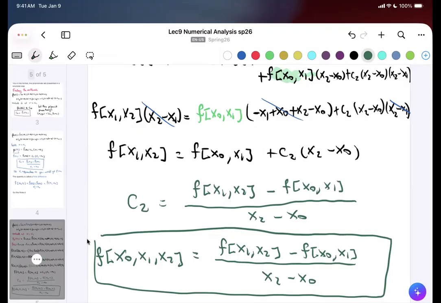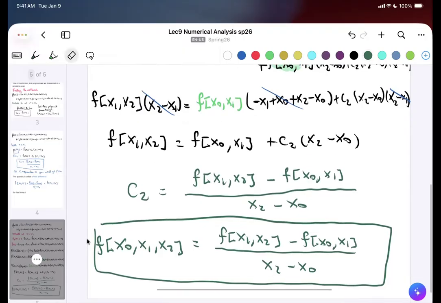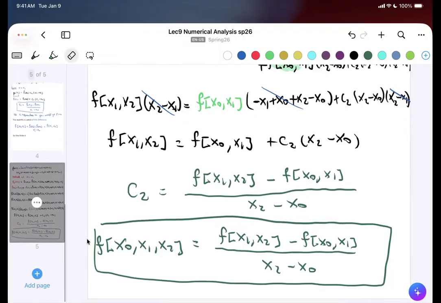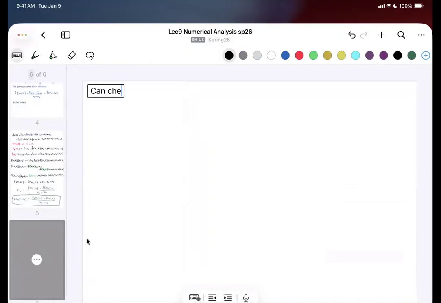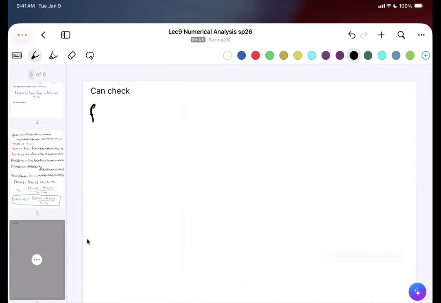So how many ways can you permute three elements? 3 times 2 times 1, right? There's 6 possibilities, combinatorially speaking. There's obviously a more elegant way to prove this, but you can also do it by brute force. It's not too bad to check that it doesn't really matter in which order you list them.